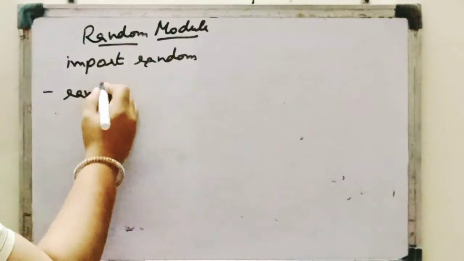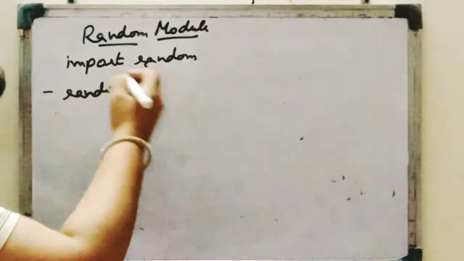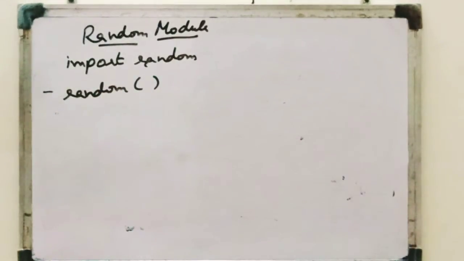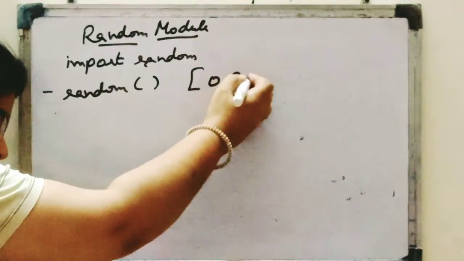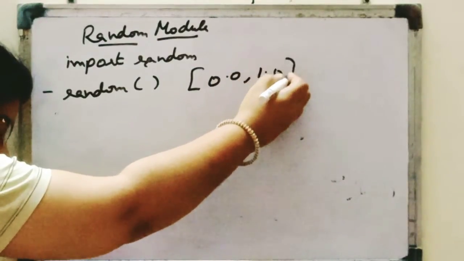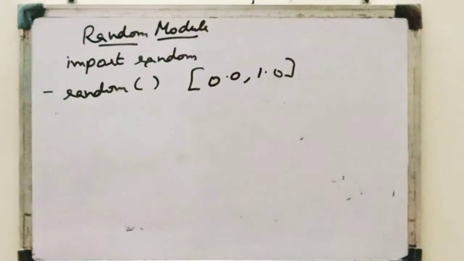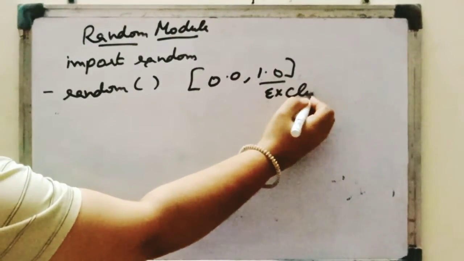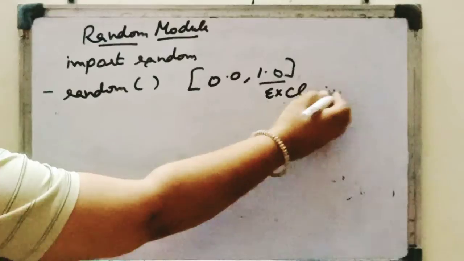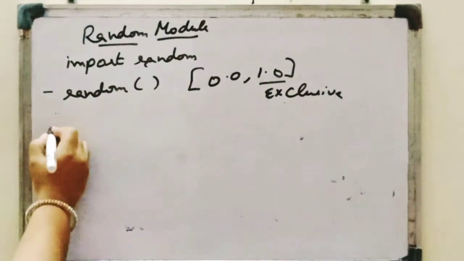Very first is random, which returns a number in the range of 0.0 to 1.0, and 1.0 is exclusive. It means it will always be less than 1.0.